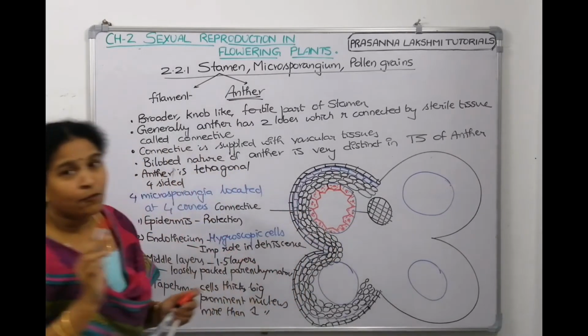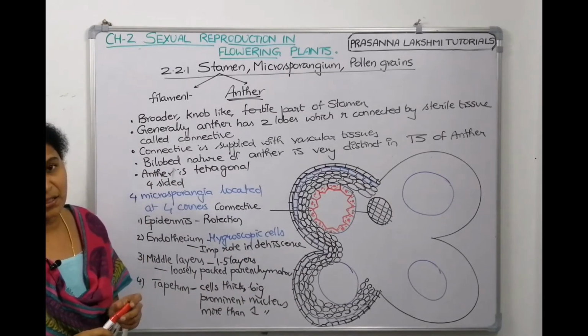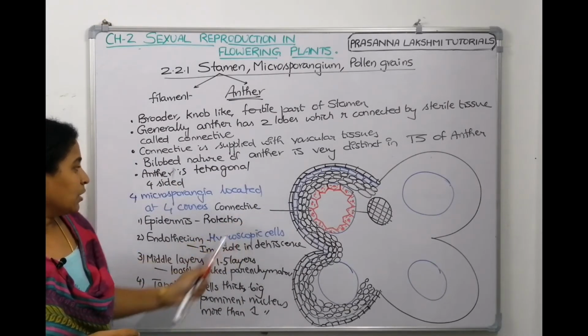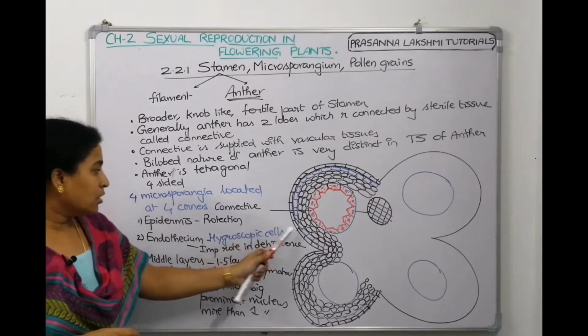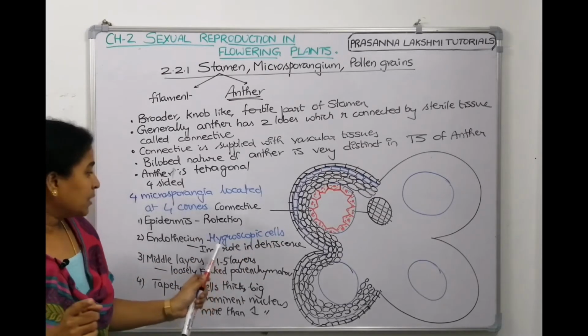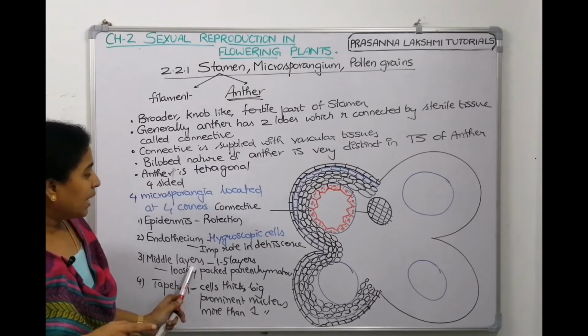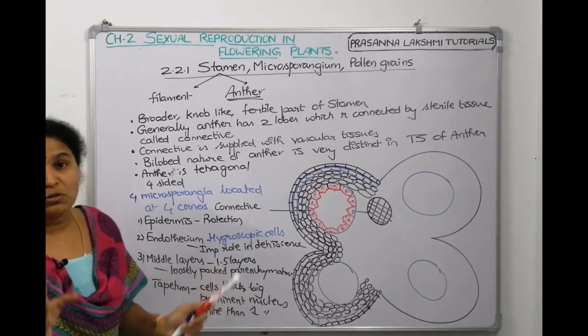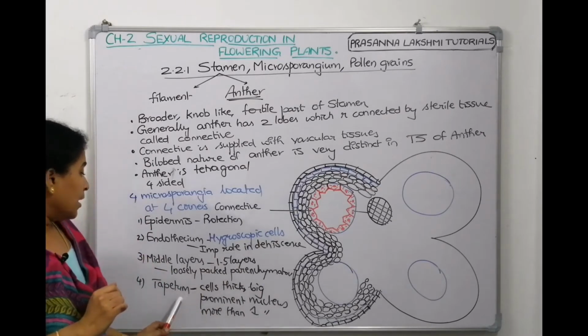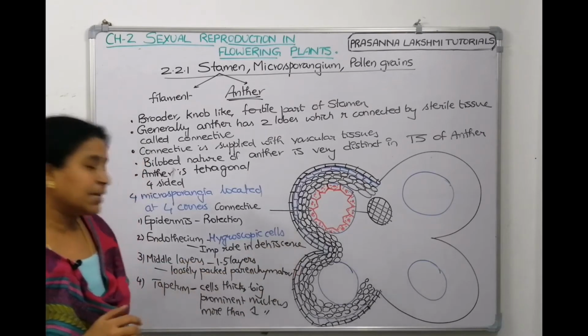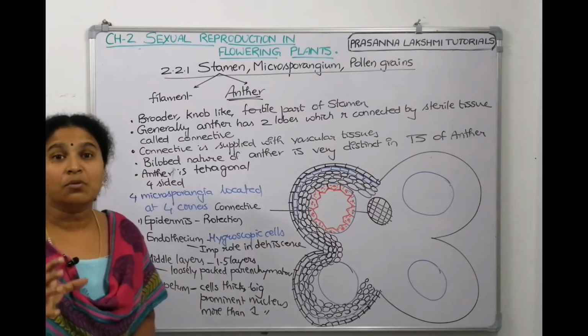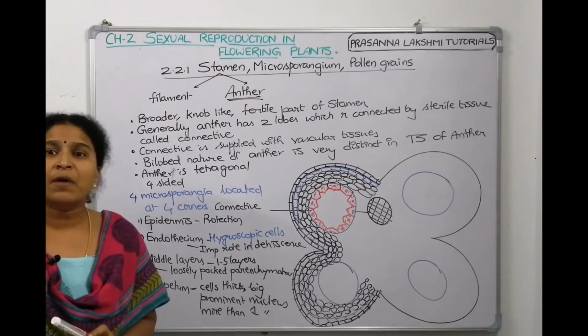Now, these are the 4 layers which come under the anther wall. Epidermis, the outermost layer, helps in protection. Endothelium, the second layer, hygroscopic cells, plays an important role in dehiscence. The third layers are called middle layers. 1 to 5 layers will be there, loosely packed parenchymatous cells. The innermost layer is the tapetal cells. They are thick, with a prominent nucleus, abundant cytoplasm, and more than one nuclei also.